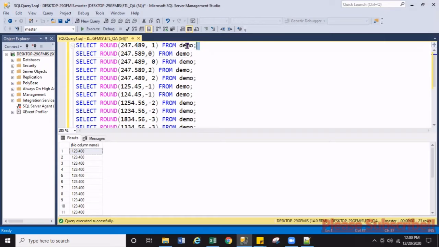Now see here, it removes the first number and it becomes 5. It sees the first digit 4, which is less than 5, and it becomes 5 and is added, that's the second number.